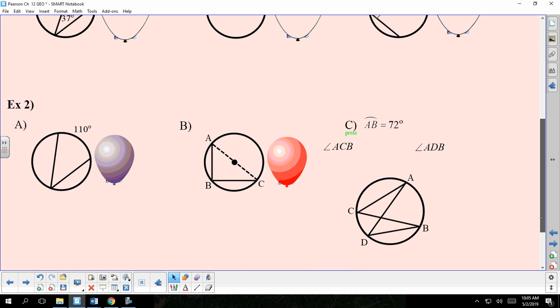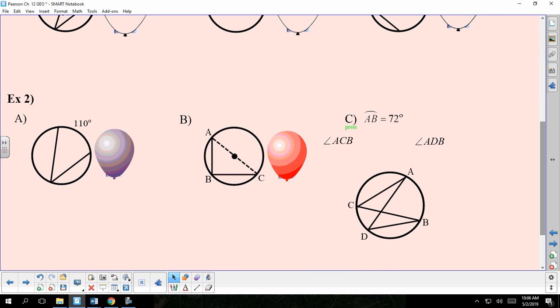Now let's try these next ones. Try A, B, and C for example 2. All right, so if this is 110 right here, that arc, half of 110, 55.